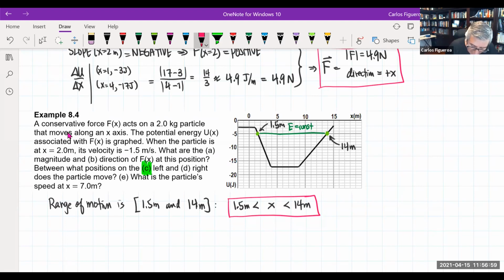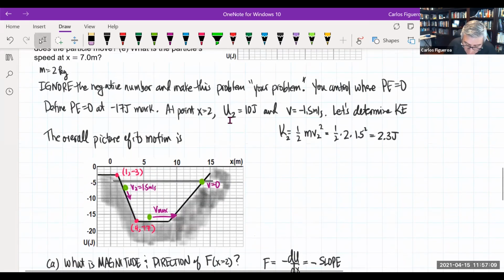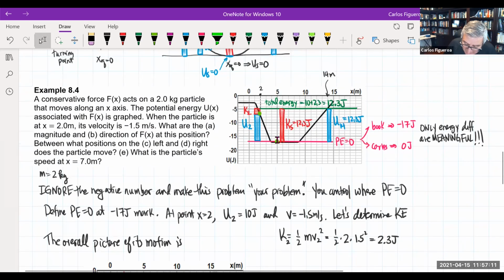We almost answered that because when you come back up here, look what we said. We said that the maximum kinetic energy would be right down here at the bottom. Since we know what the kinetic energy at 5 is, at 7 it's exactly the same thing. So I know the kinetic energy is 12.3 joules.